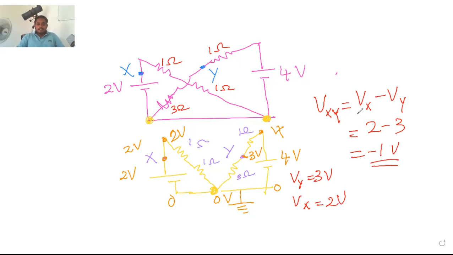In another manner, relative voltage means we have to convert the reference into 0. Relative to something means relative to 0. So for that we have to use a negative sign. If we use negative 3, then we are getting 0. For the same negative value, we have to apply it to this one. So finally we are getting minus 1 volt. Okay, so this is how we need to do this kind of question.